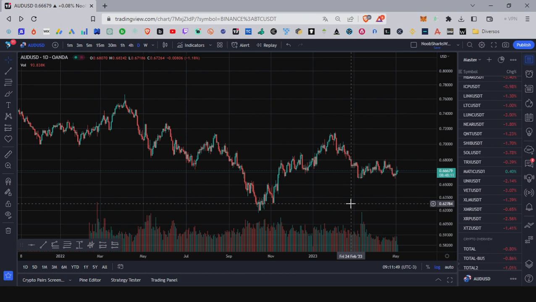So this works for everything. Now you can see this very big downtrend in AUD/USD, and you can see that the volume is increasing. The more the price drops, the more the volume goes up. When you see something like this, you really have to pay attention to the trend.